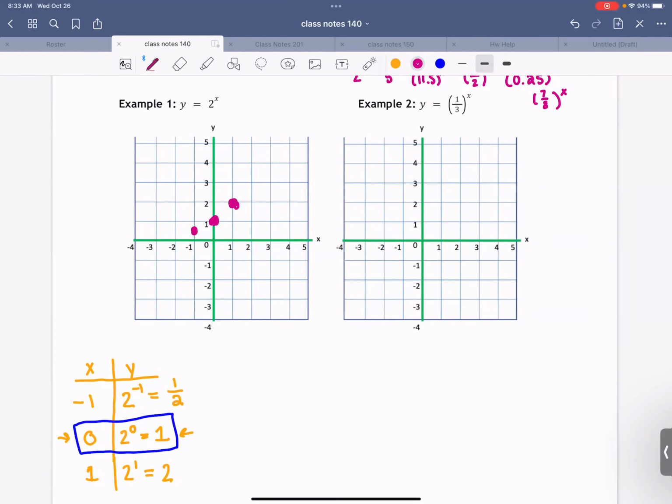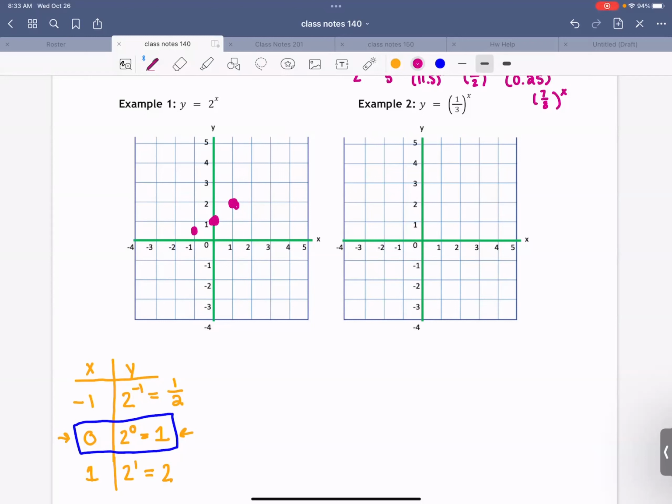Now this is actually enough information for me to draw my graph. Of course, you can draw more and more points. I think as you can tell, if I plugged in x equals -2 and -3 and -4, the graph will get closer and closer to the x-axis. As I plug in higher numbers, the graph is going to get exponentially larger because we have an exponential function.